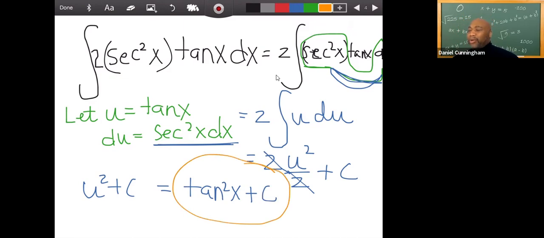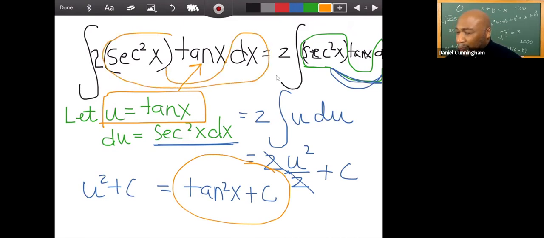And that's my final answer. Again, looking at u being the tangent of x, I see the derivative is going to be right here. That's my du. So all I'm left with is the 2 that I factored on the outside, times u and du.